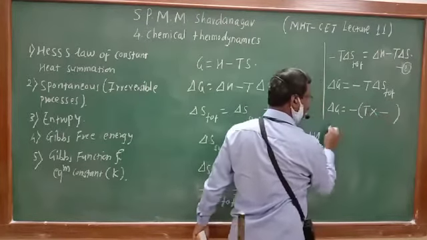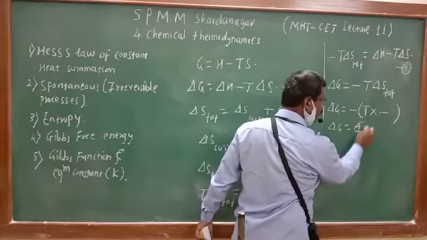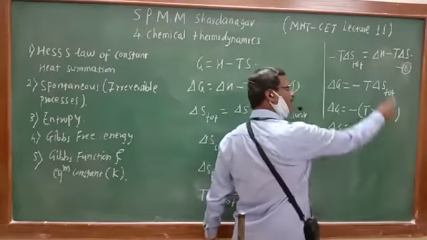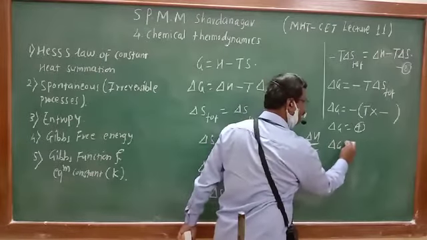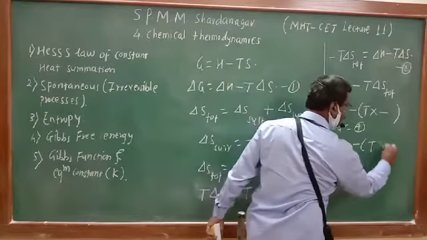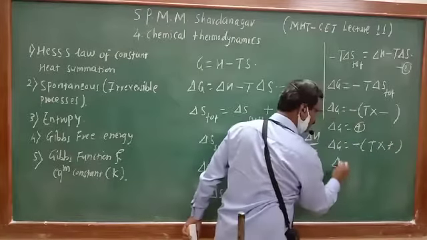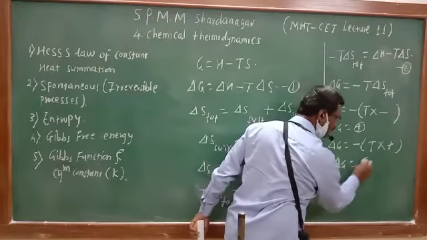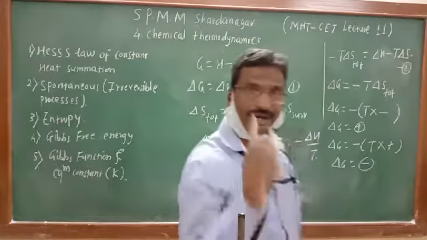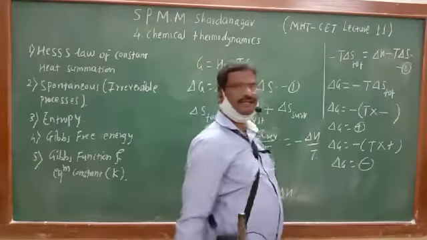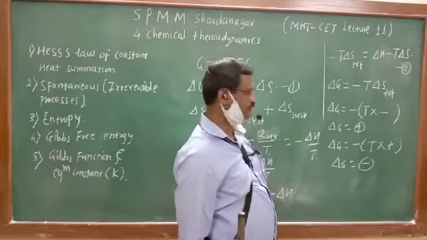Minus into minus is plus, so delta G will be positive. If delta S is positive, at that time delta G is equal to minus T into plus, so delta G will be negative. And from these two, one can identify the spontaneous or non-spontaneous process.